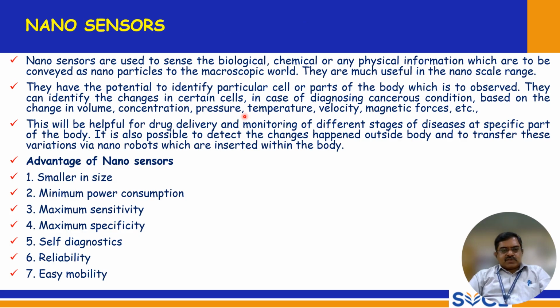So nanosensors are used to sense biological, chemical or any physical information which is to be conveyed as nanoparticles to the macroscopic world. They are very useful in the nanoscale range. They have the potential to identify a particular cell or parts of the body which are to be observed.